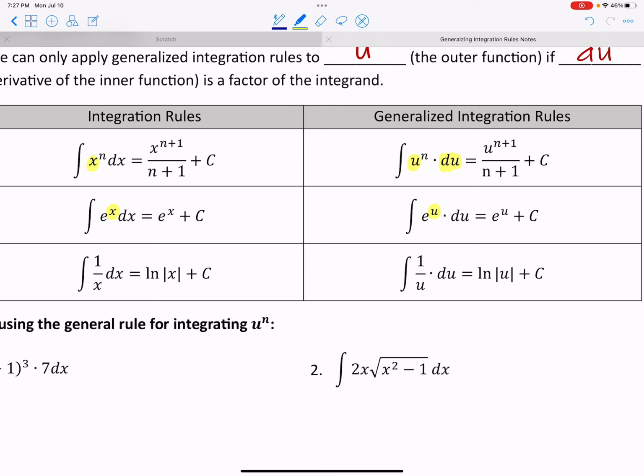The integral for e to the u is still going to be e to the u, but we can only apply that rule if the derivative of u is a factor of the integrand. So we need for that to be a factor, but it's not going to affect our rule. Notice the rule is the same, right? This rule here, that's the same rule that we see here. It's just a u instead of an x, but we can only apply it if the derivative of that inner function is there. Same thing here, we have e to the x, e to the u.